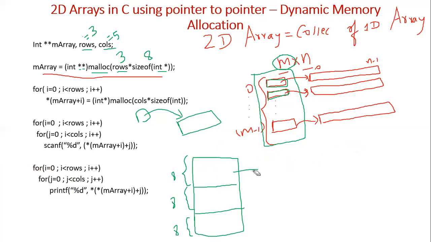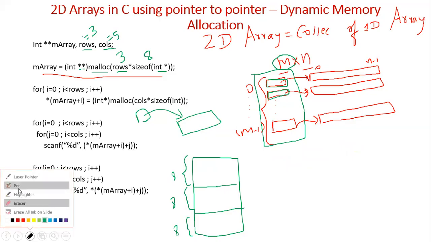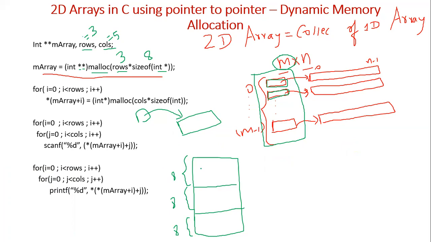Another thing you should understand: we should know the address of these locations also. Say this is the starting location, and say it is 2000. If this is 2000 and each is 8 bytes, then this will occupy 2000 to 2007.